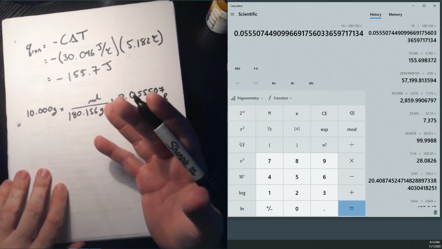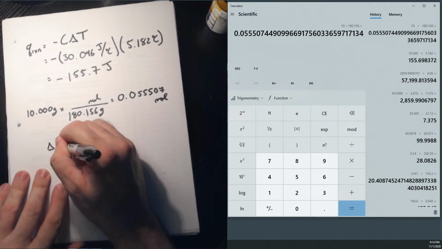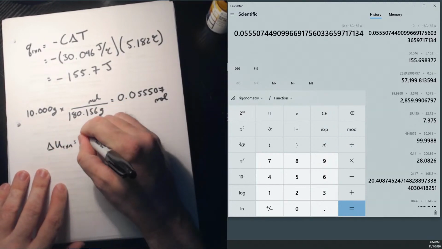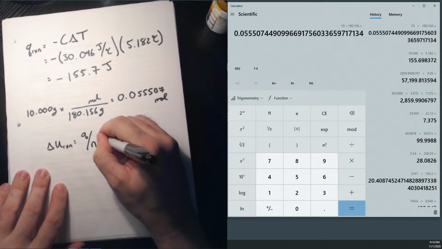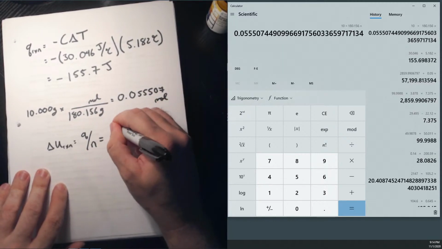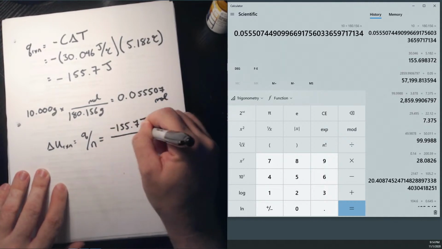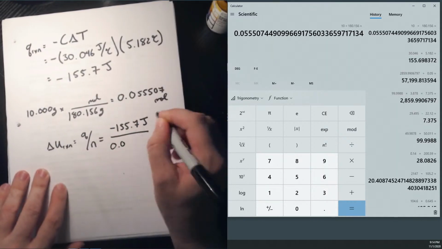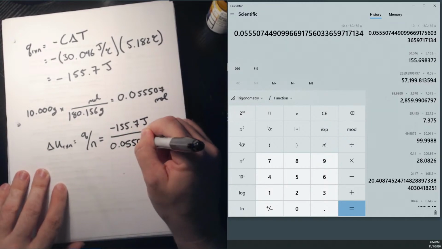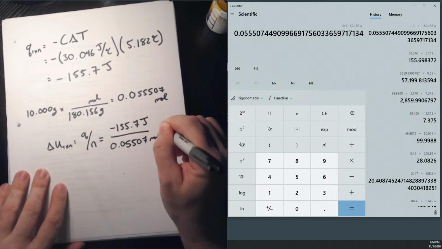So the more general form of this reaction, delta U of the reaction, is Q over n. So it's going to be negative 155.7 joules divided by 0.05507 moles.